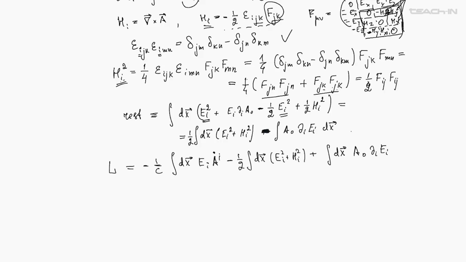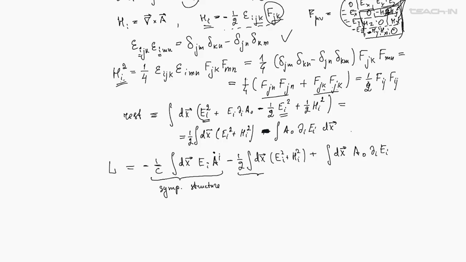So once again, the meaning of the terms entering this Lagrangian is the following. This gives us the symplectic structure, the Poisson bracket between ei and ai dot. This term here has the meaning of the Hamiltonian of the electromagnetic field.